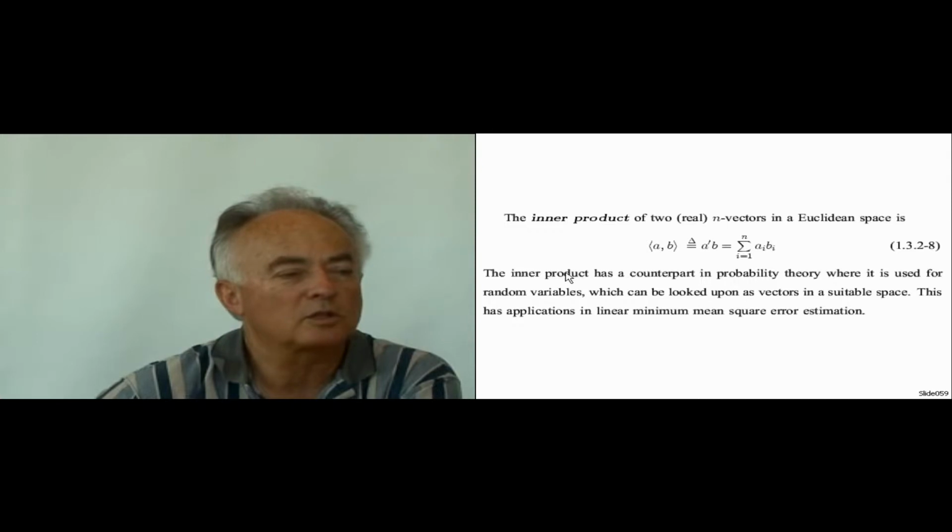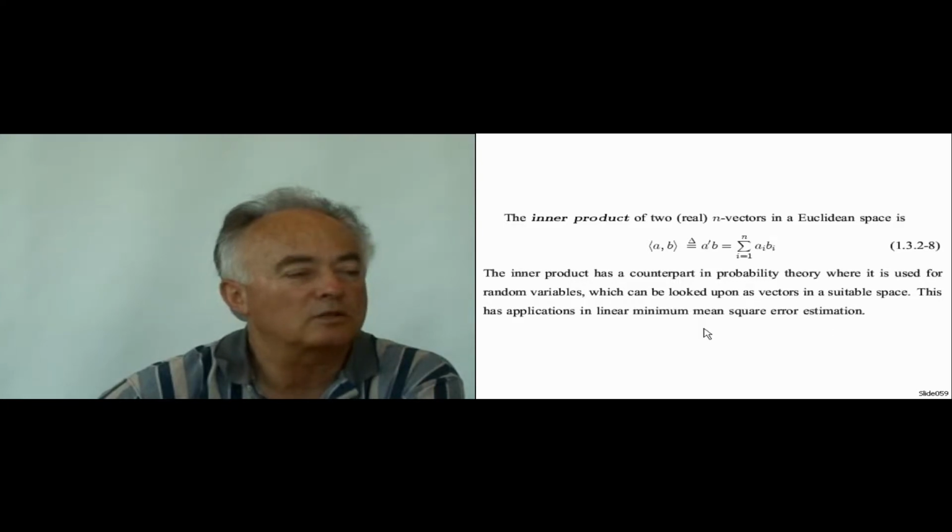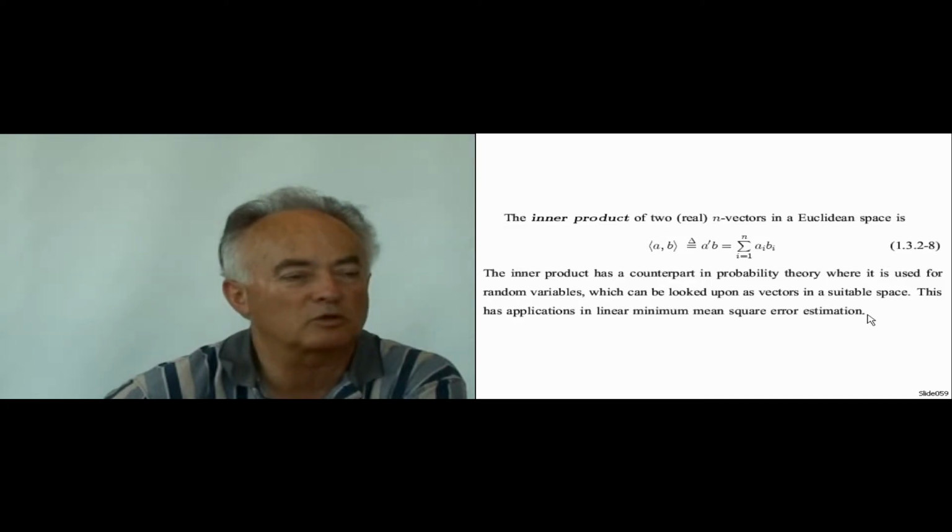Now, it turns out that in probability theory, we have a counterpart of this inner product that we are going to use for random variables, because random variables can be looked upon as vectors in a suitable space. And this would have applications, as we'll see later, in linear minimum mean square error estimation.